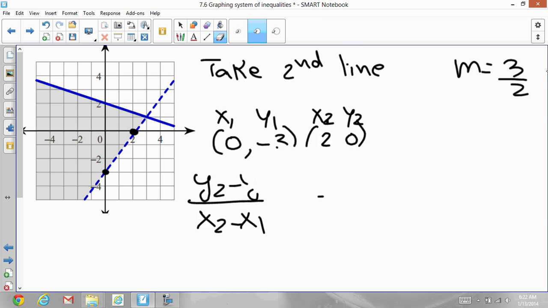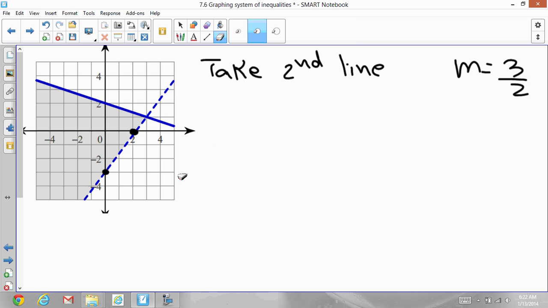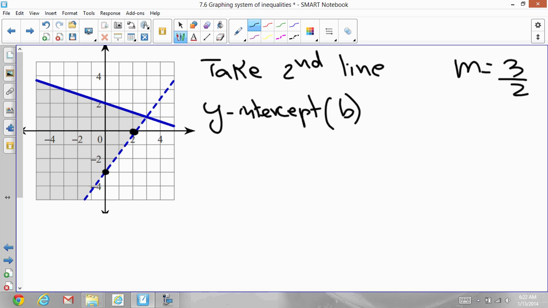Once you get your m as 3 over 2, now let's focus on the y-intercept. Look at the half sheet of notes which is given to you. The y-intercept is where the line crosses the y-axis. This line crosses the y-axis at this point, which is going to be negative 3. Now you need to use y equals mx plus b.